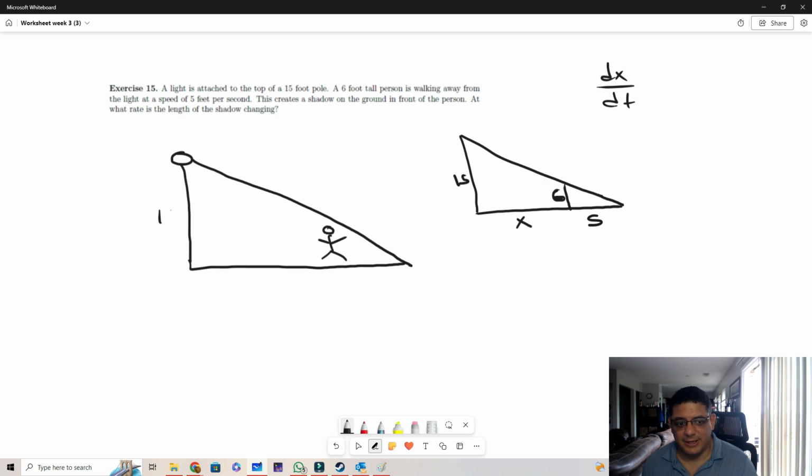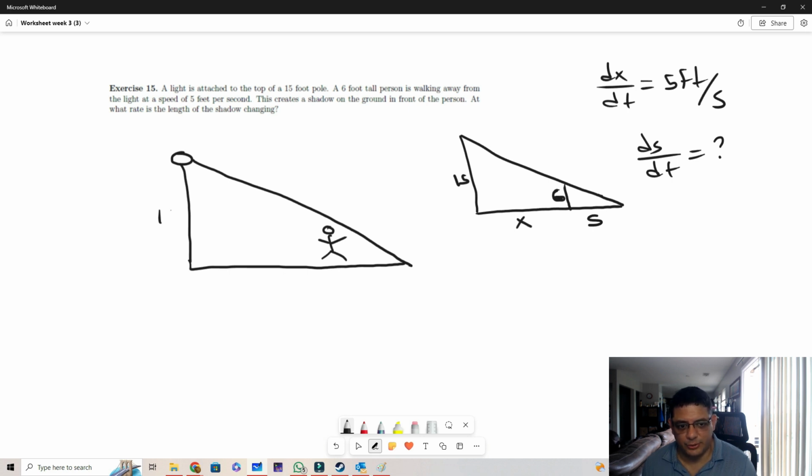So it means that dx dt is changing at 5 feet per second. So this one I know, but I want to know what ds dt is. So how fast is the length of the shadow changing?